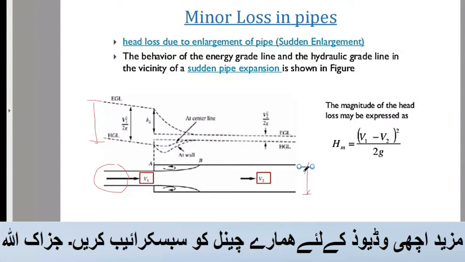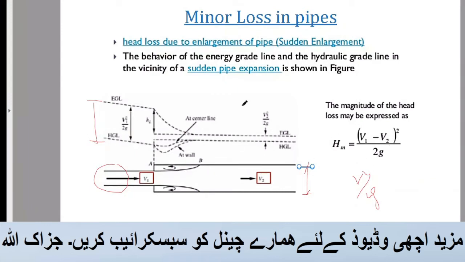When velocity reduces, velocity head will also be reduced, because velocity head is V square over 2g. So the velocity head is very less at the downstream side as compared to the upstream side.